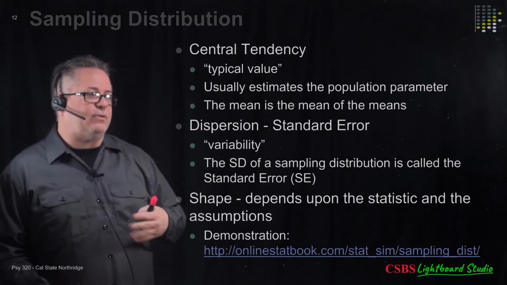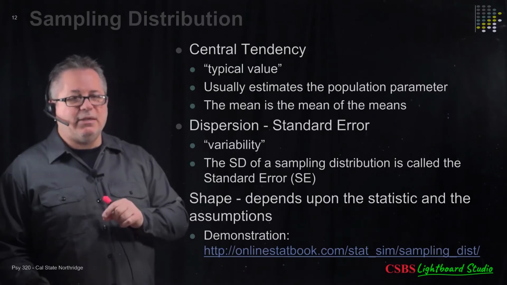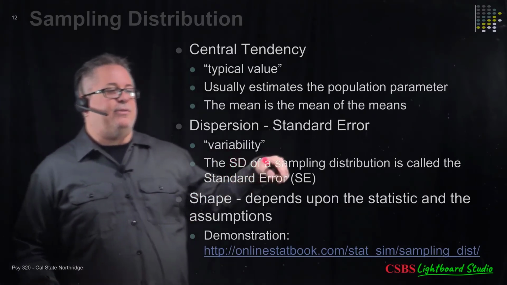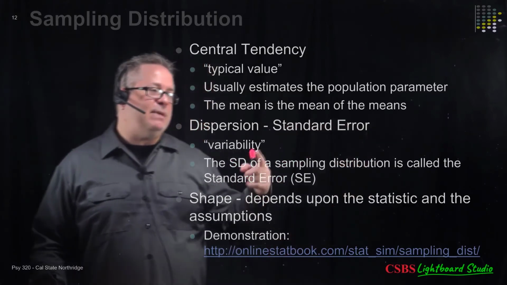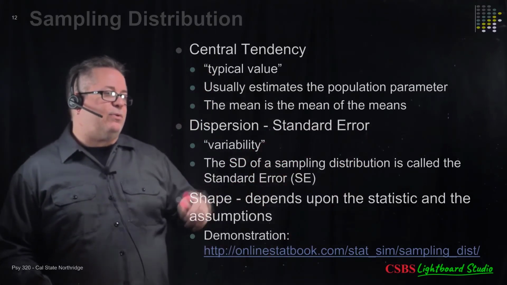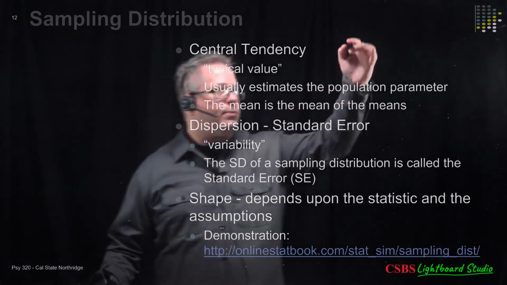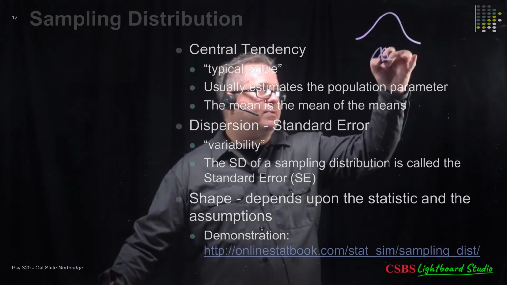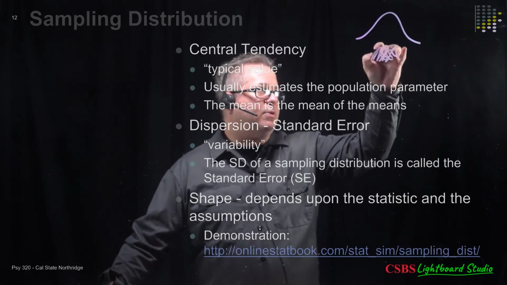The mean of a sampling distribution is the mean of all the sample means. So the mean is the mean of the means. Remember, we took a large population, we took little samples from it, a bunch of them, in our sampling distribution of the mean.